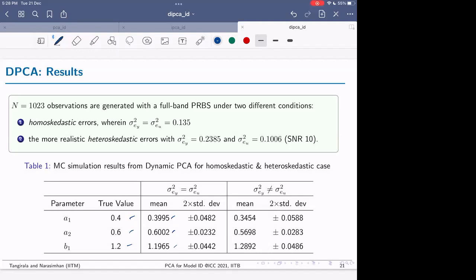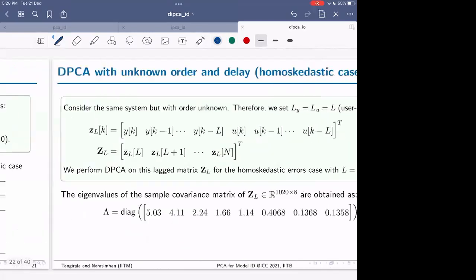But if you look at the heteroscedastic case, as expected, based on what we discussed this morning, you see bias in the estimates, right? This is not surprising. Even when the orders and the delay are known, we have a problem here. And this problem is not new to us, considering what we discussed in the morning.